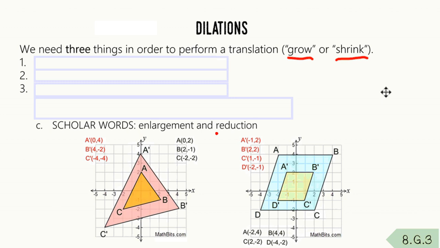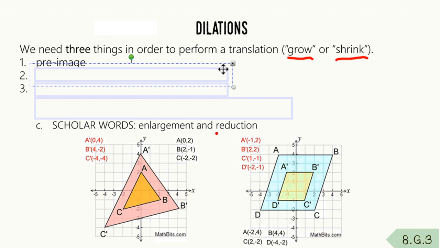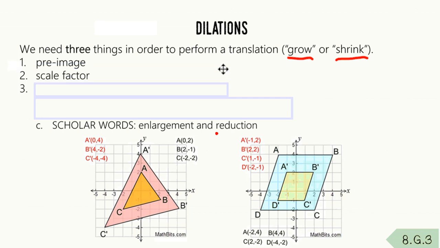And we need 3 things in order to perform a dilation. And if you've seen the other videos, you probably know that the first thing that we need is a pre-image. The second thing that we need, which we'll talk about more in a moment, is a scale factor. The scale factor is going to tell us how much we are growing, how much we are shrinking, or to use the scholar words, it will tell us how much we are enlarging our shape or reducing our shape.